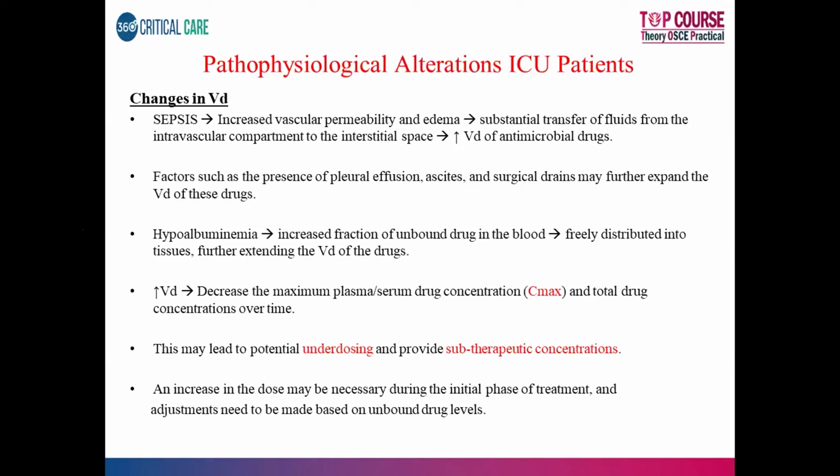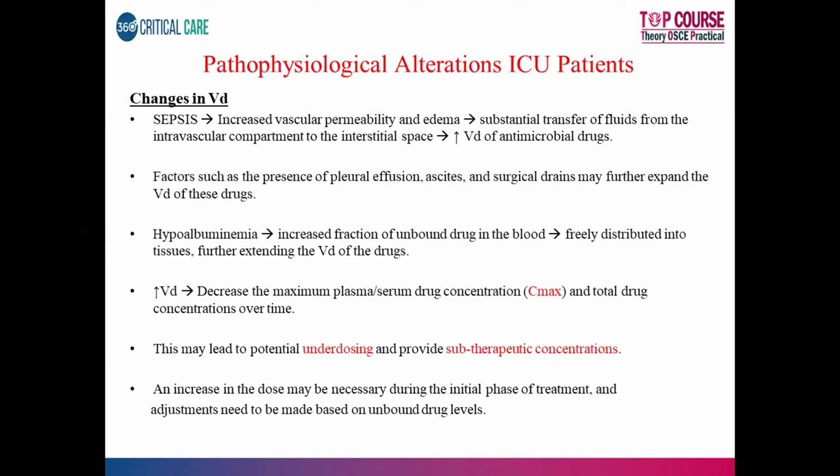Second and most important cause is your hypoalbuminemia. What happens in hypoalbuminemia? There is increased fraction of the unbound drug in the blood. When there is increased fraction of the unbound drug, it gets freely distributed to the tissues. So this also increases the volume of distribution. Now, why am I so worried about the increase in volume of distribution? Because this increased volume of distribution causes a decrease in the maximum plasma or serum drug concentration.